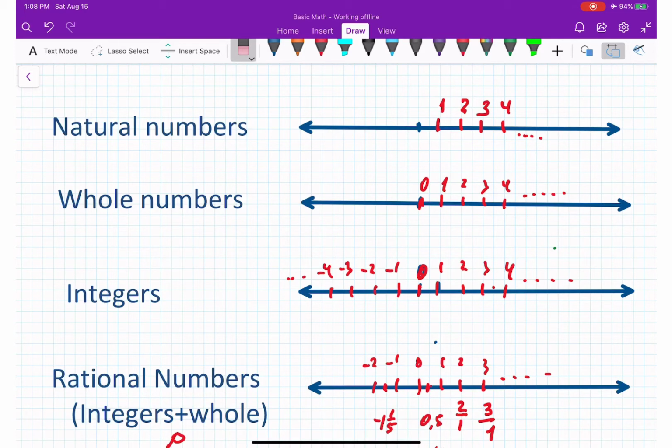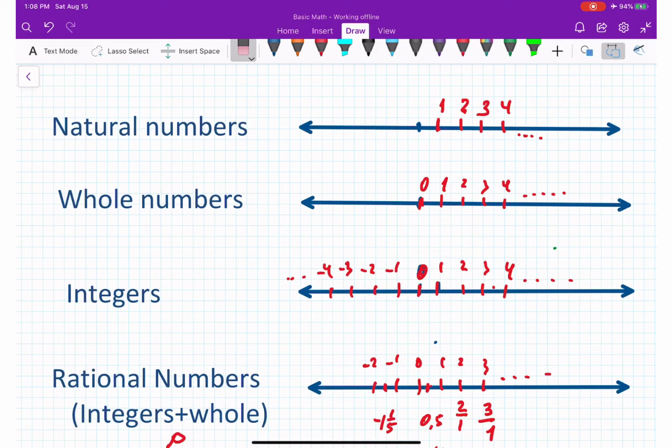And for that reason, we need to understand also what types of numbers are out there. The main types of numbers include natural numbers, whole numbers, rational numbers, real numbers.